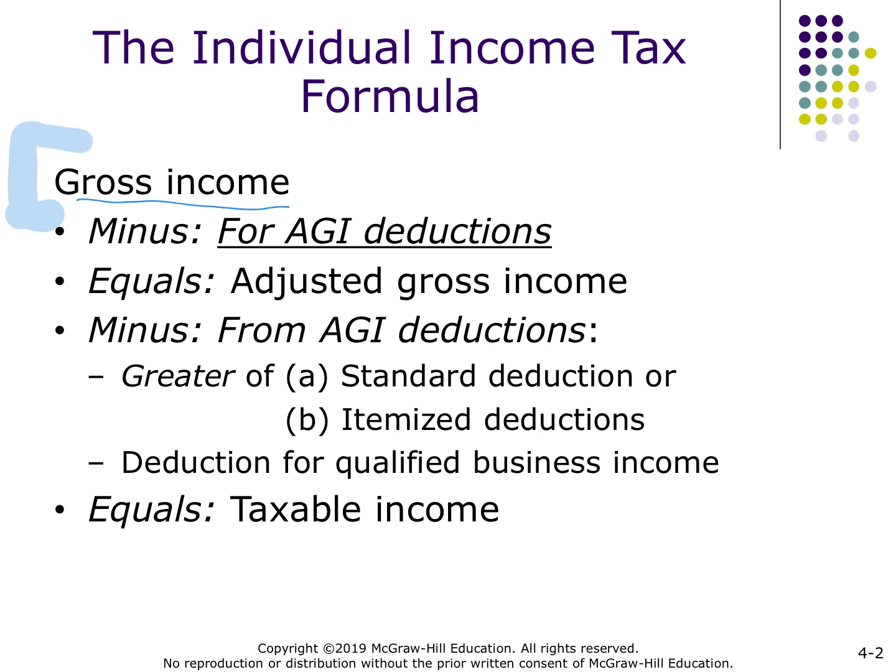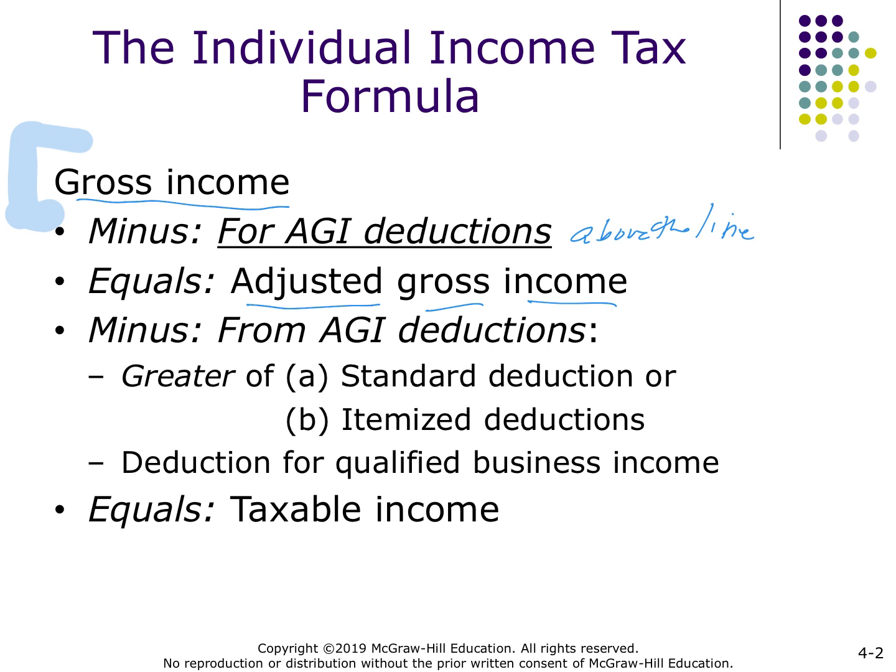For AGI deductions are also sometimes called above the line. Those are called above the line deductions, okay? And then you end up getting your adjusted gross income, okay?